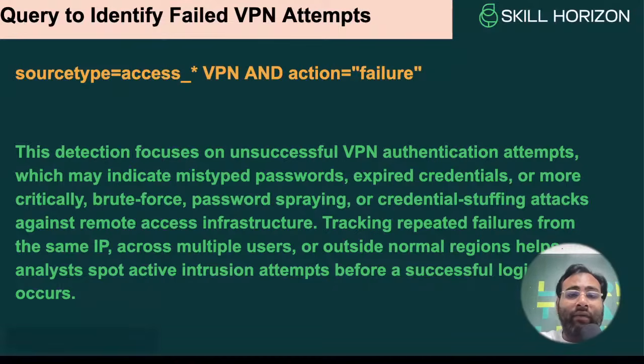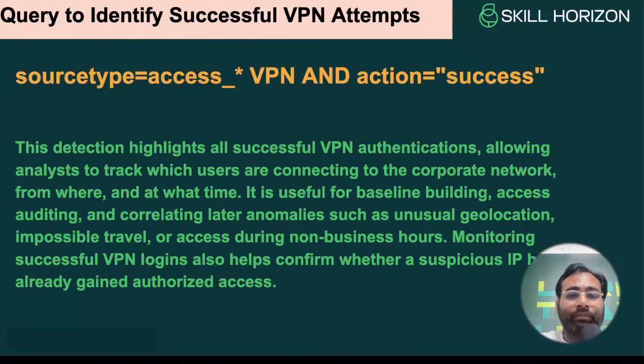So you can identify if failed VPN attempt activity was there in your logs with the help of this query. If anyone is trying to brute force, or trying mistyped passwords, expired credentials, password spraying, or credential stuffing attacks, you can basically detect it.